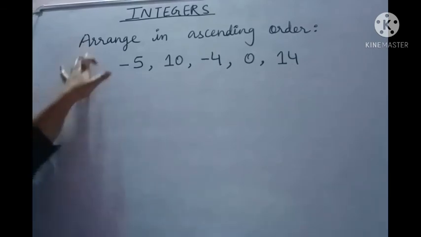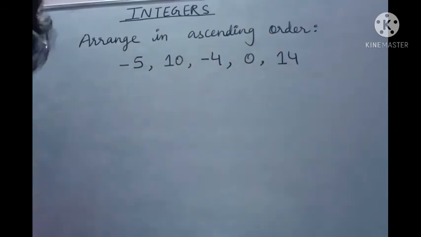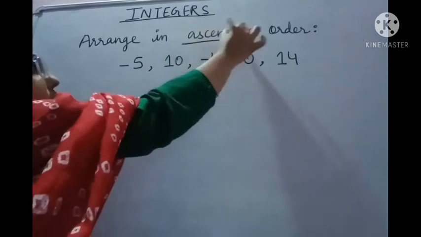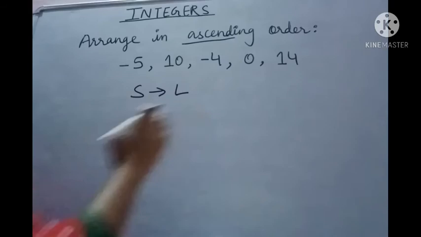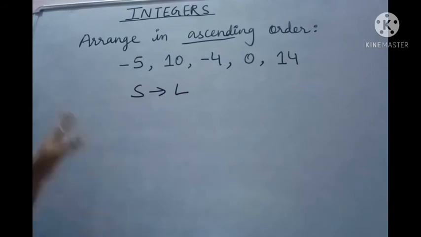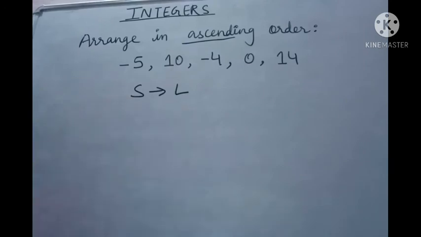Now let's take one example in the form of a question: arrange in ascending order. We have some integers with us, and we have to arrange them in ascending order. You already know what ascending order is: from smallest to largest. Is it clear? Now you should know which is the very smallest number among all the integers.